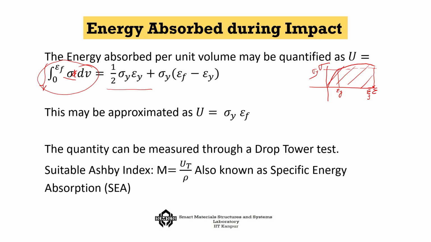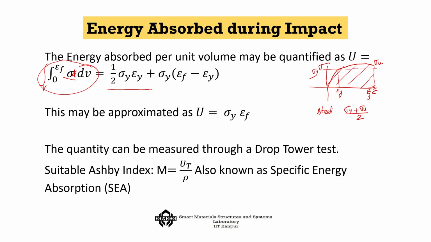Okay. So, various approximations are there. In fact, a better approximation would not even be writing it as sigma y, but for materials like steel, we have sigma y at this point, and let us say sigma ultimate at this point. So, we can take sigma y plus sigma u over 2.